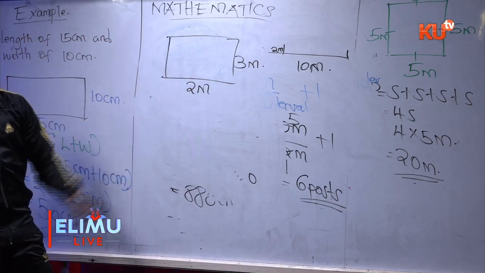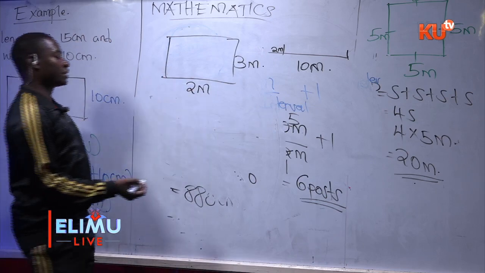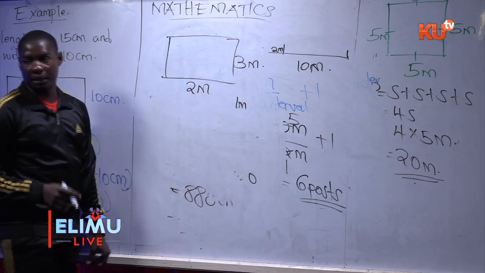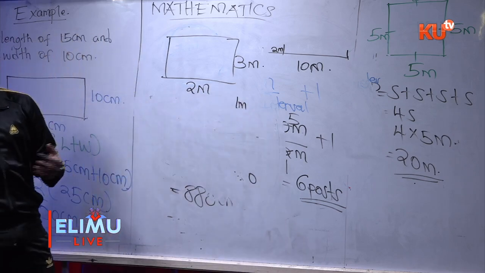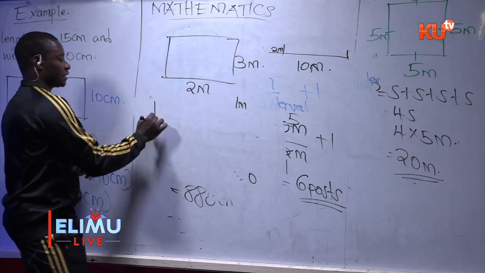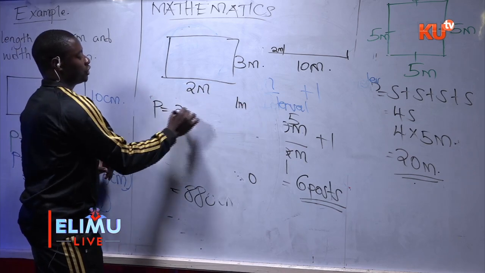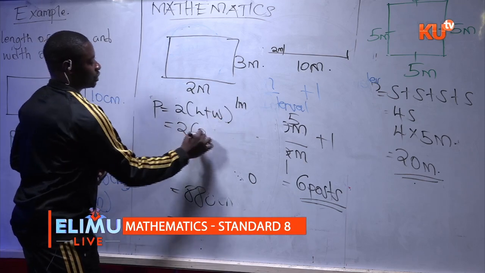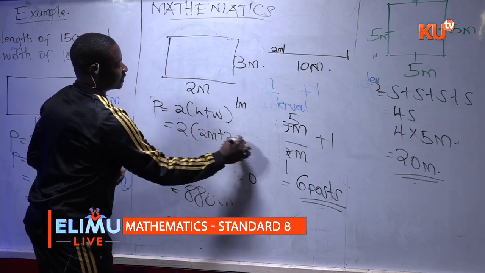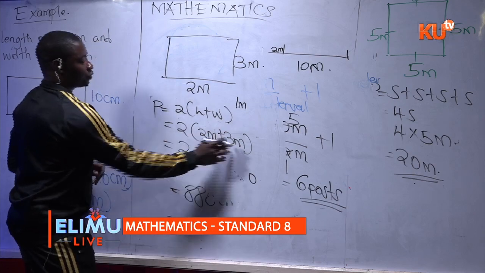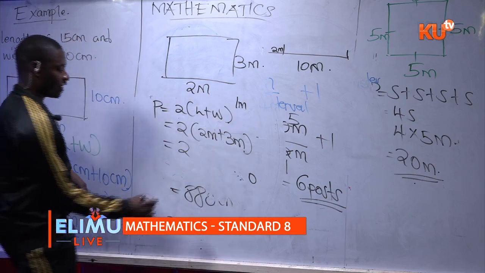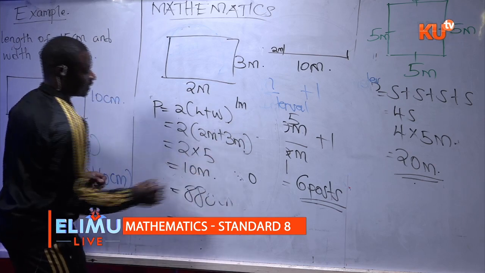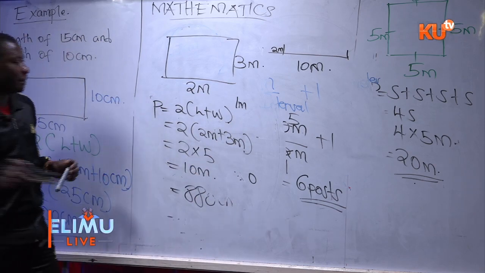This person planted trees at 1 meter apart. How many trees were planted? We get the perimeter first. Perimeter is 2 into brackets length plus width, which is 2 into brackets 2 meters plus 3 meters. So that is 2 meters plus 3 meters, that is 5 meters. So 2 times 5, you get 10 meters. So 10 meters is the perimeter.